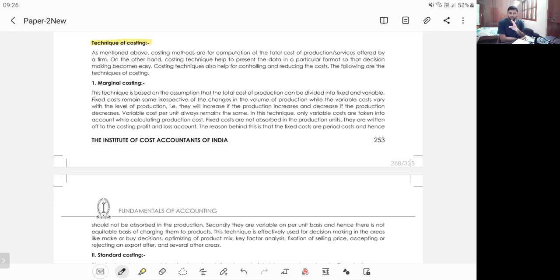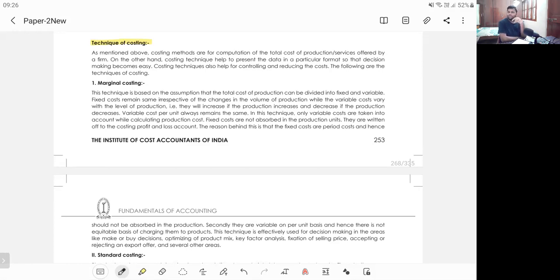So don't ask me to explain everything that is there in this. I'll just give you a rough idea of what techniques of costing are. Techniques of costing means those costing techniques which help you in cost control and cost reduction. In these techniques of costing, we have three techniques: marginal costing, standard costing, and budgetary control.